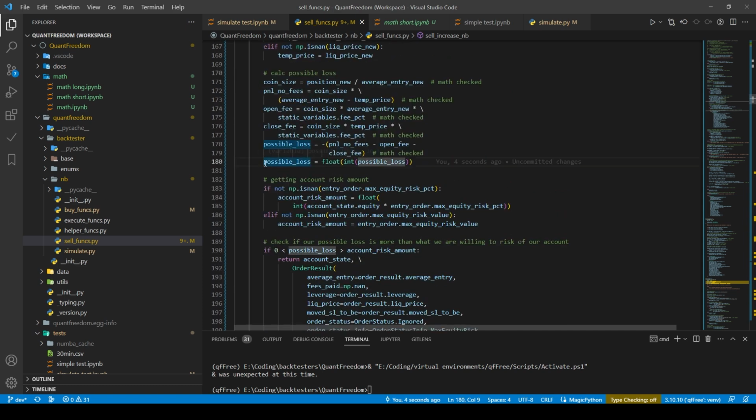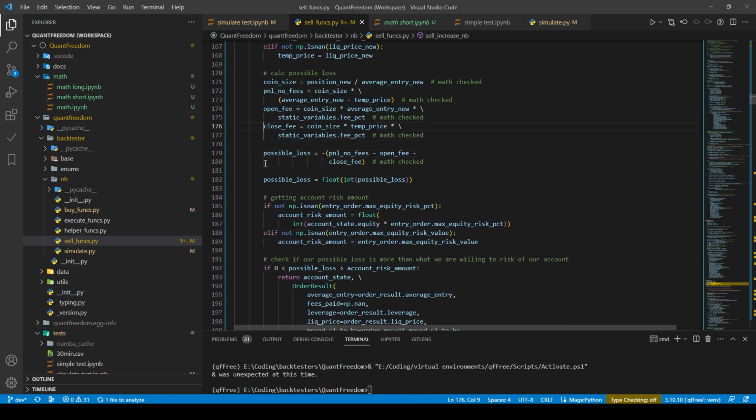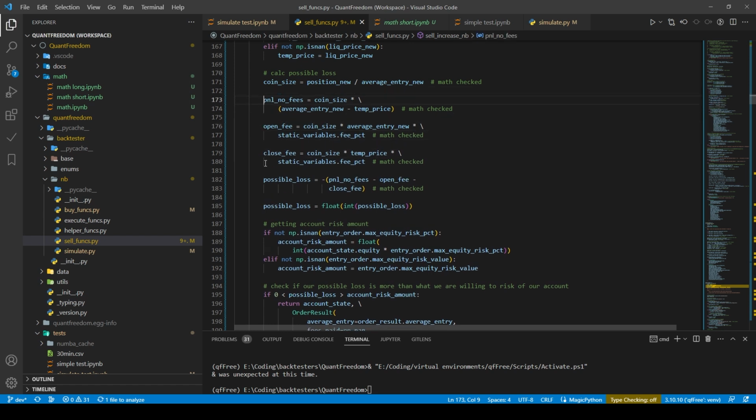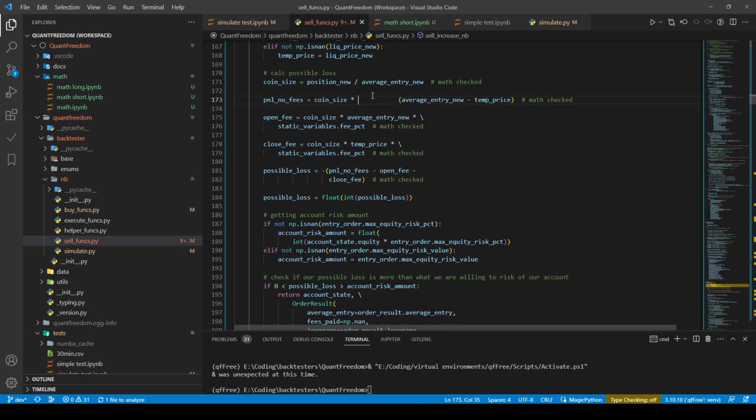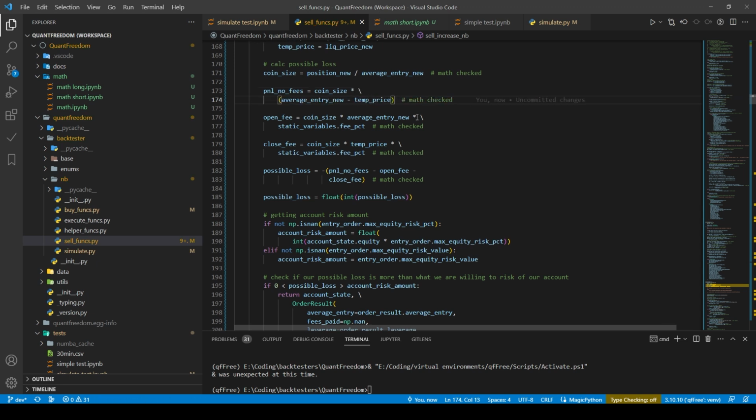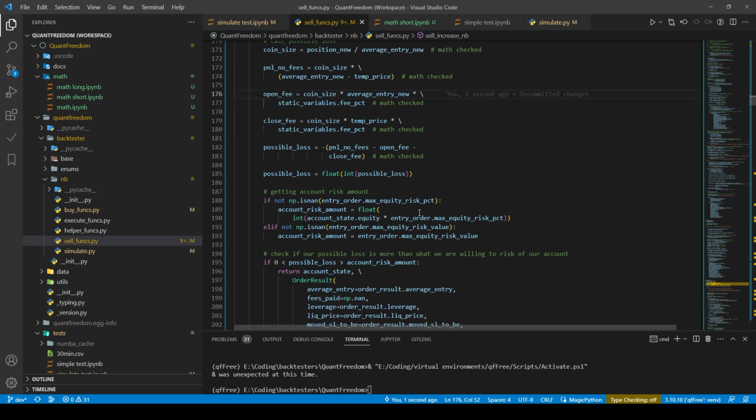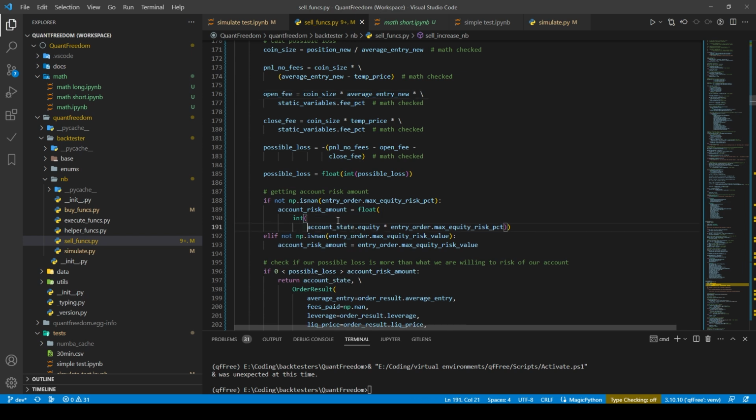All this stuff looked so disgusting. Float int.